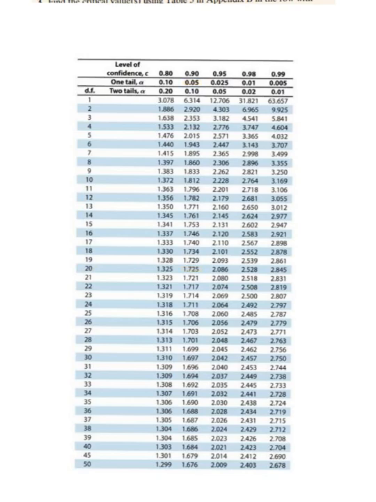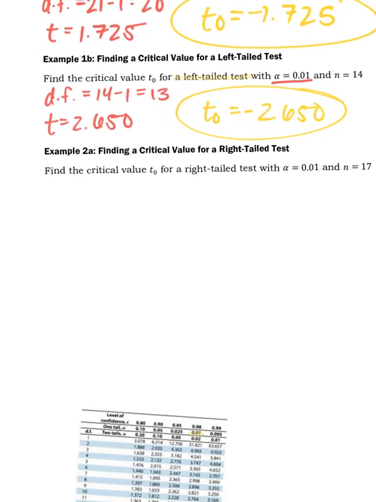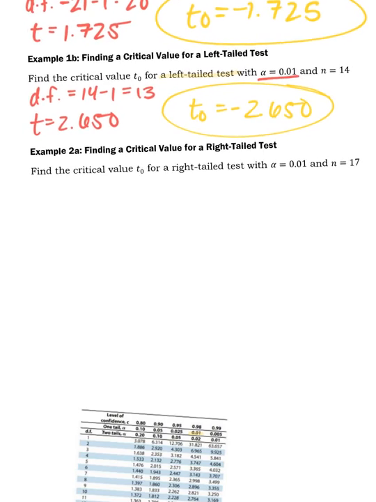All right, so we have level of significance of 0.01 in one tail. Degrees of freedom are 13. So our value is 2.650. So our t value is 2.650. But again, this is a left-tailed test. So our t sub 0 is negative 2.650.